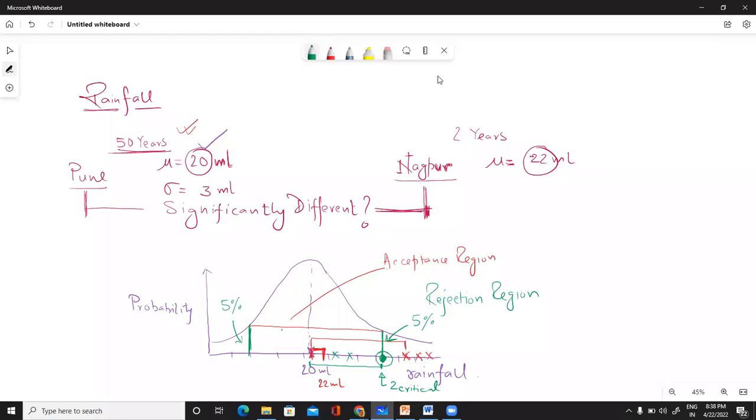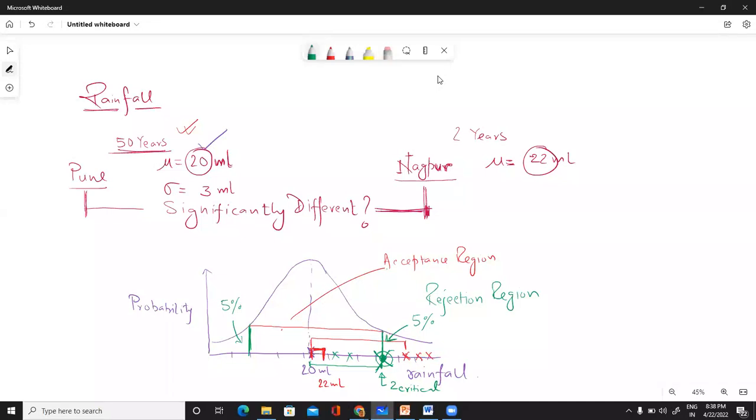So what we want to know is how far this point is from the mean. We essentially want to find the z value of this point, that is, how far this point is from the mean.